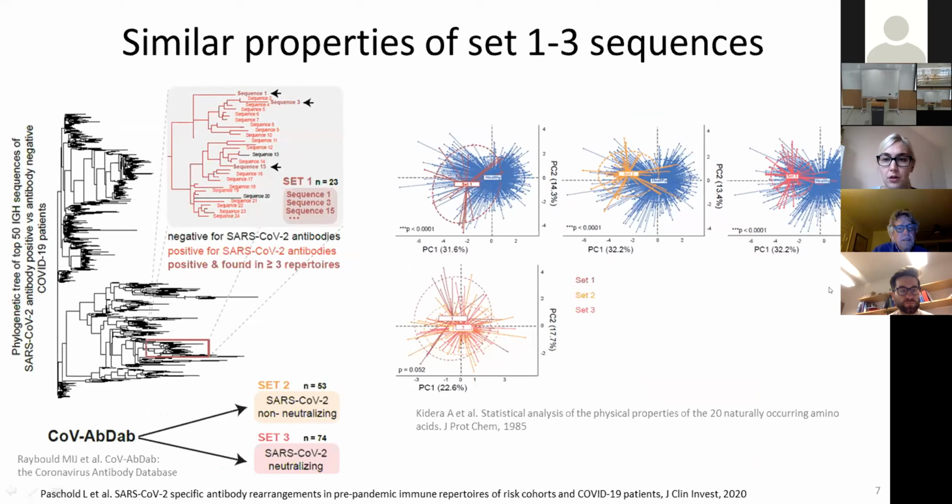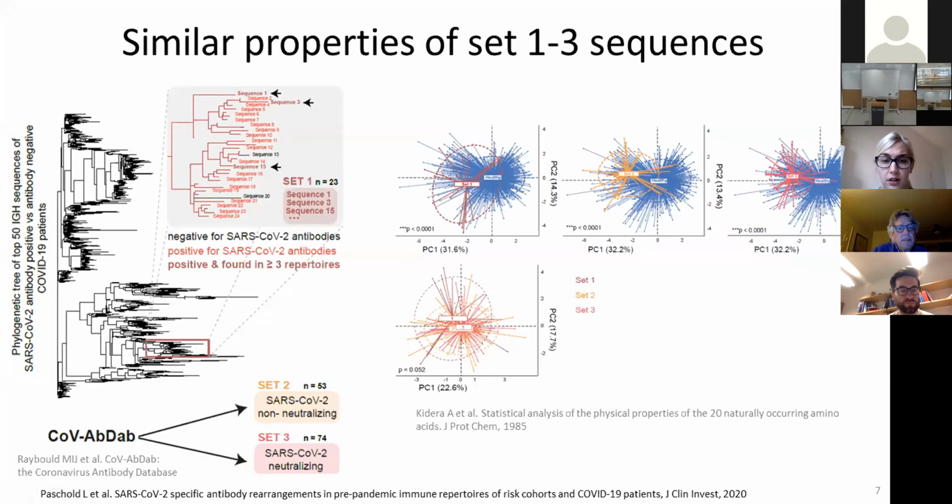The principal component analysis shows that all 3 sets differed significantly from the healthy controls. But if we put those 3 sets together, they show a lot of overlap, and they do not significantly differ from each other according to the PCA.